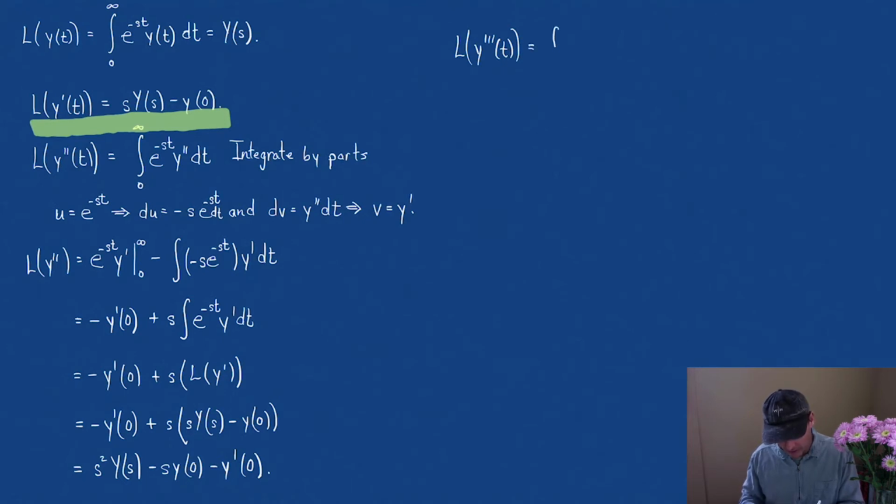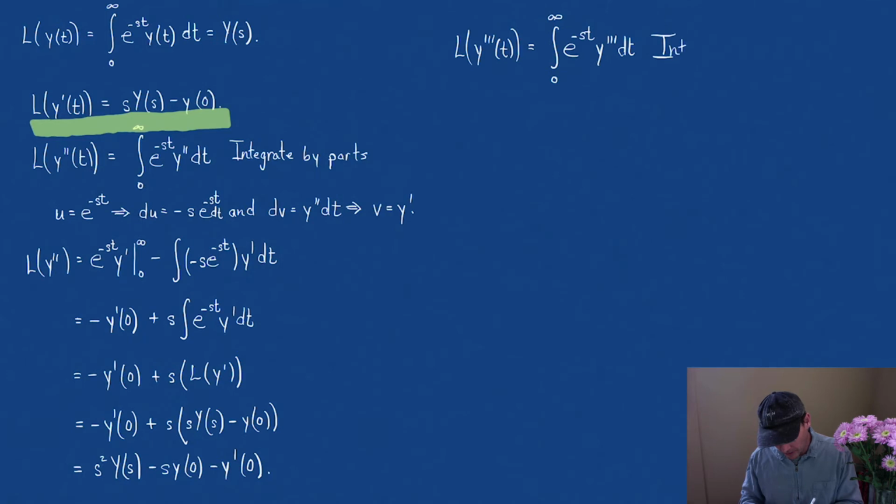Well, that's the integral from 0 to infinity, and you might see a pattern here, e to the minus st y triple prime dt. And we're going to integrate by parts.